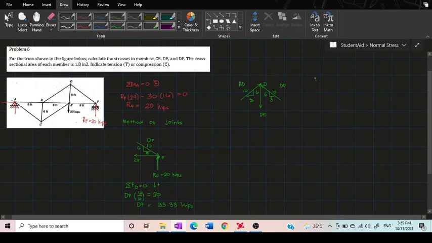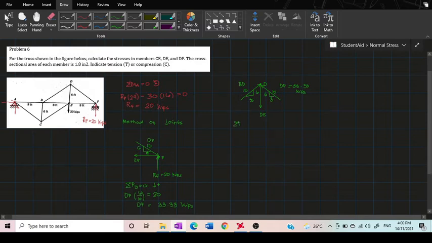We already know that DF is equal to 33.33 kips. DF and BD are equal, so BD is also equal to 33.33 kips.